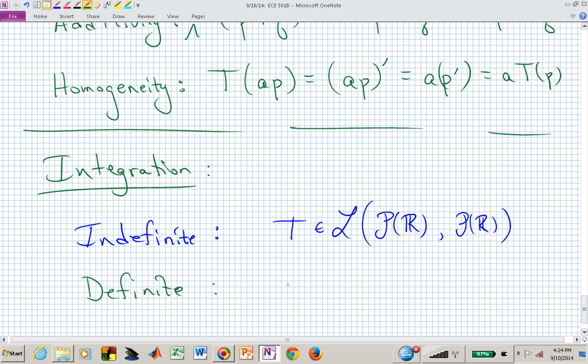Now, contrast that with a definite integral. Suppose we, again, start with a vector space of any polynomial. What's going to be the resulting vector space that we land in if we're doing a linear operator of integration in a definite sense? Now we have limits on our integral, don't we?